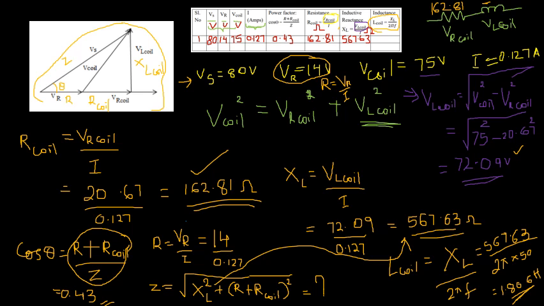Finally I calculated the inductance across the choke coil, and I have obtained approximately 1.806, in units of Henry. Similarly, you can continue for different sets of readings, say 100 volts, 150 volts, and complete the table.